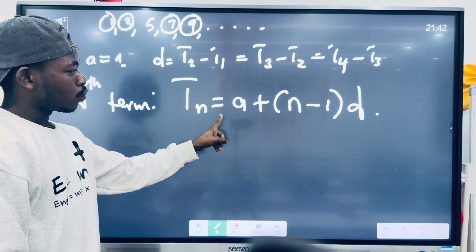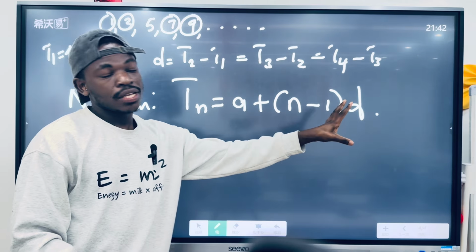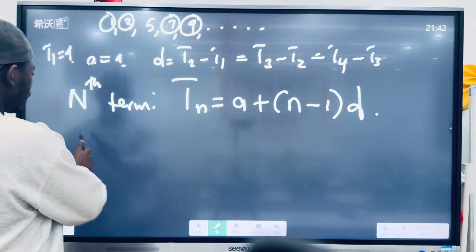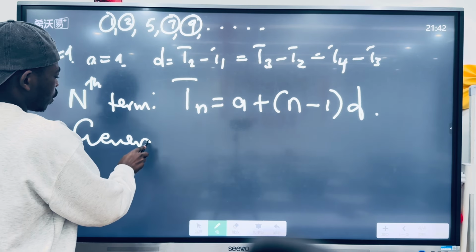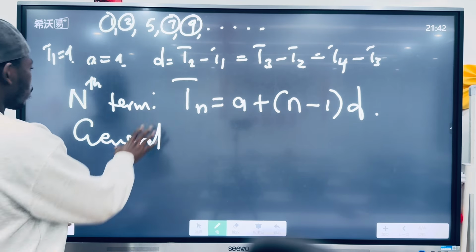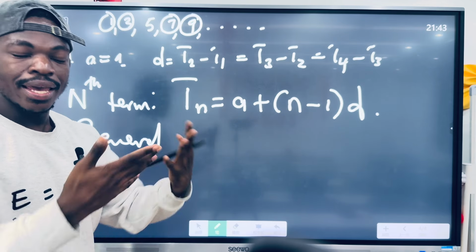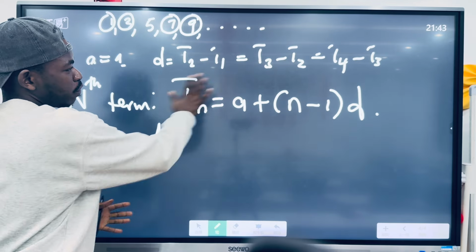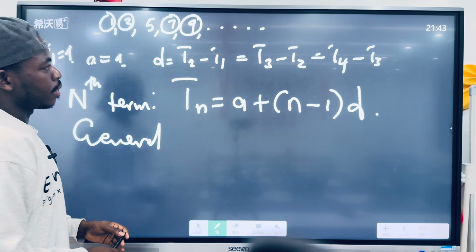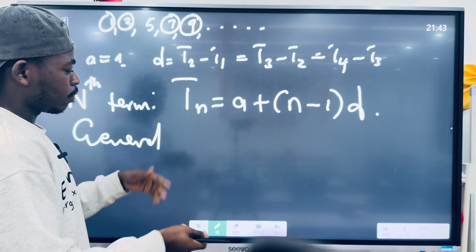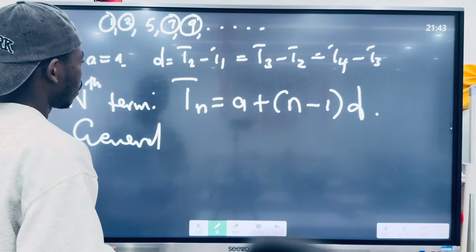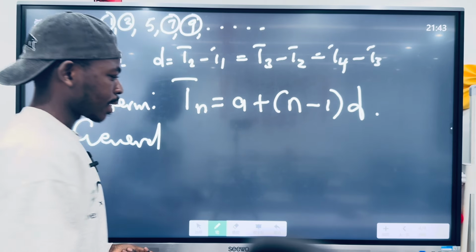So Tn is equal to A plus N minus 1 multiplied by D. This is the general formula for the nth term of any AP. That is how you find it, okay? I'll also introduce another formula for the question that we have here today. But for now, let's go back to the question and answer it.